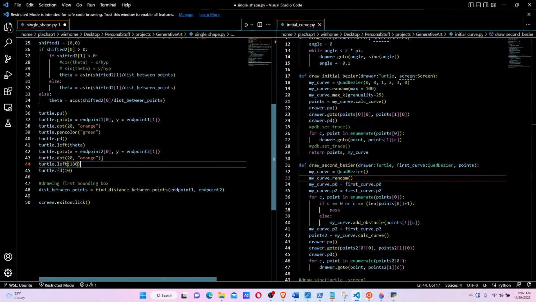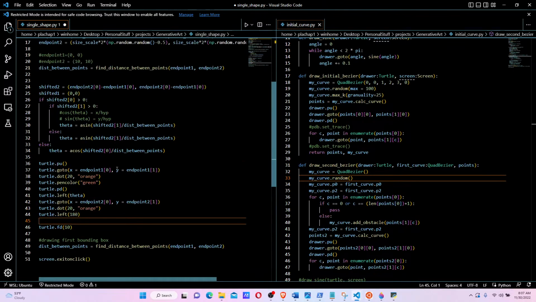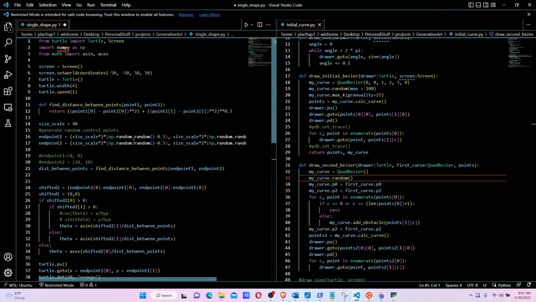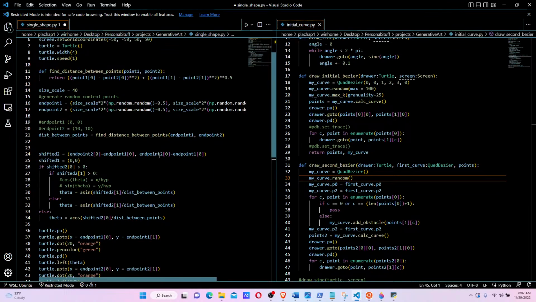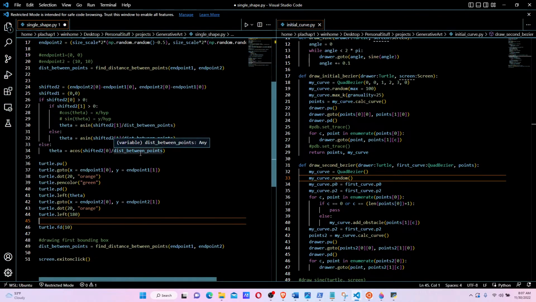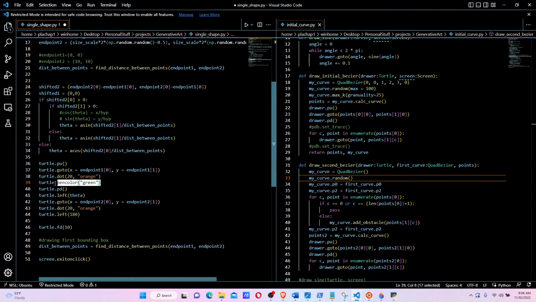Okay, so it draws the second point, then it goes left, so then it turns 180, so now it should be back at the line, then it goes forward 10, but after it turns, we want to change the color. Where did I put that? Oh yeah, turtle.pencolor. Make it blue, say. Just to make sure that we're drawing back over the line. And yeah, let's see what happens. Hopefully this works.